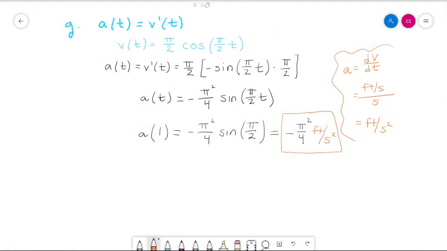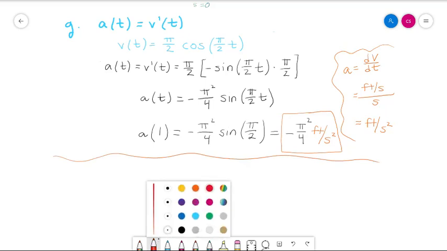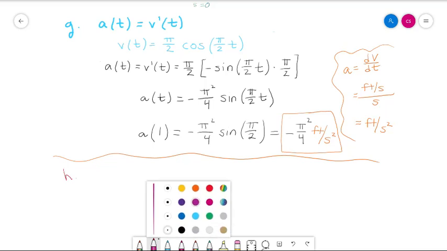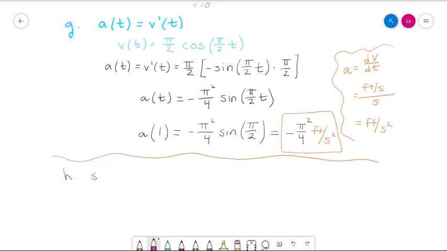So part H. Let me do purple. Okay, part H. When is the particle speeding up? And when is the particle speeding up or slowing down?